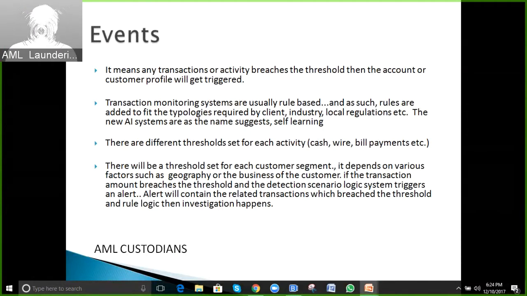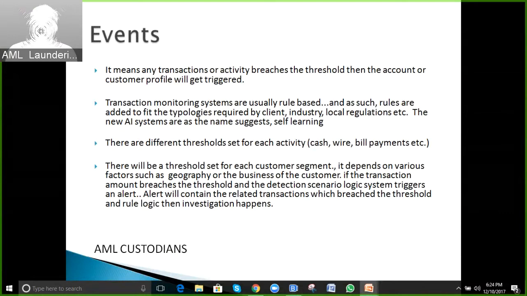So there will be a threshold set for each customer segment. It depends upon various factors such as geography, locations, the business of the customer, and your entity type as well, where you're working. If you are working for an MSB, the rules or typologies will be set and updated as per the industry.